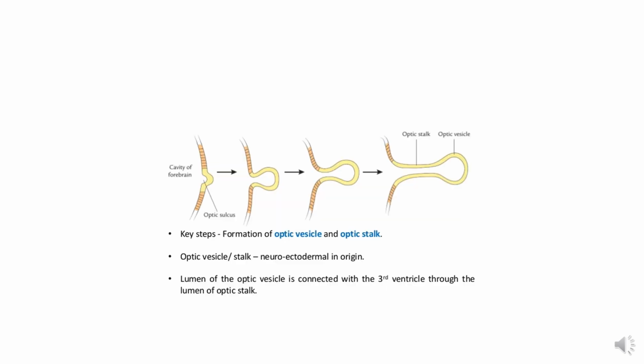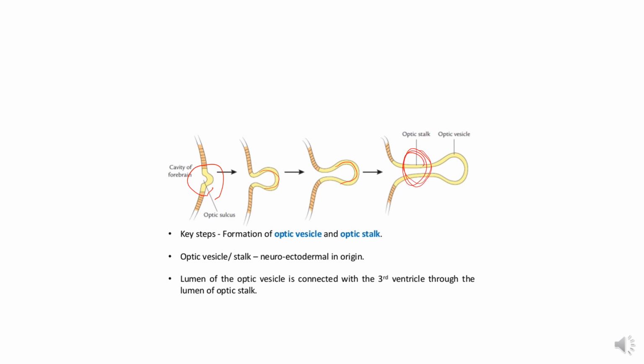You can see the formation of the optic sulcus. Here, the optic sulcus is forming from the lateral wall of the developing forebrain, and this optic sulcus is now evaginating and forming the optic vesicle and the optic stalk.